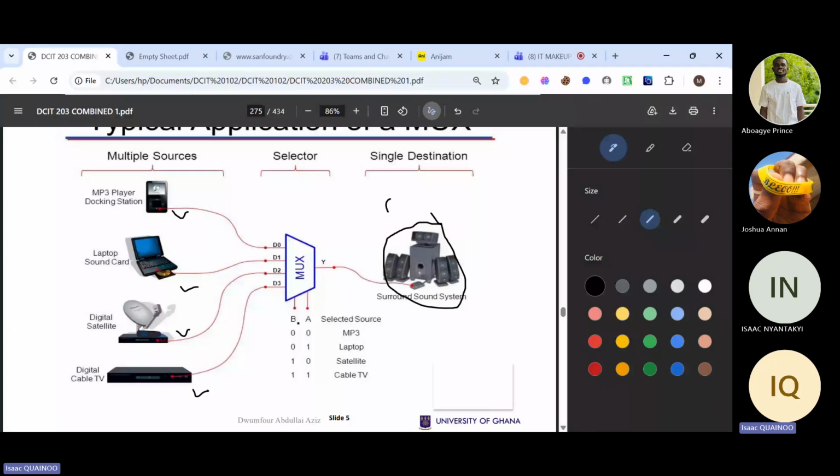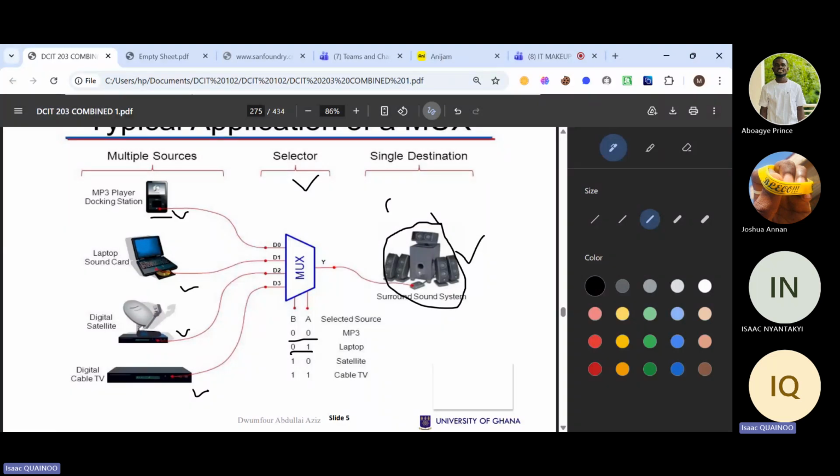In order for us to know which particular device to select for the sound system, we need our selector. The selector tells us which device is going to be forwarded to the sound system. If our selector is 00, data line 0 will be selected, which is our MP3 player. It means the sound we are going to hear in the speaker will come from our MP3 player.